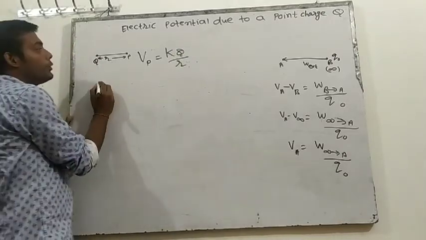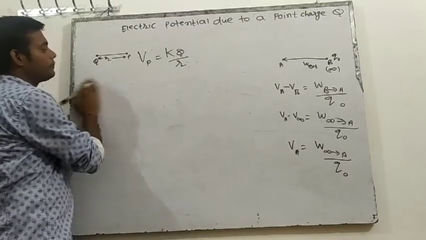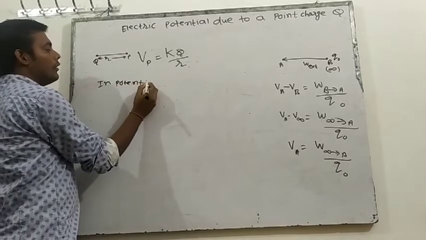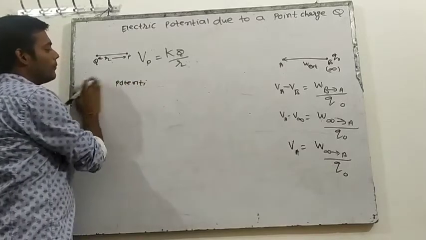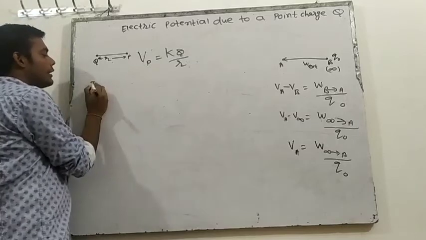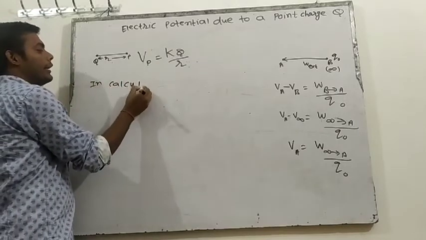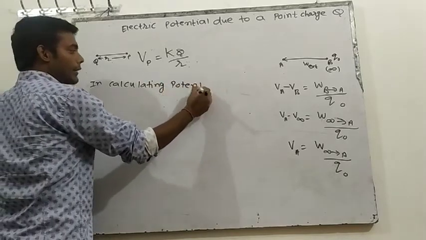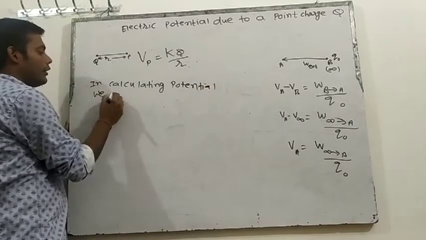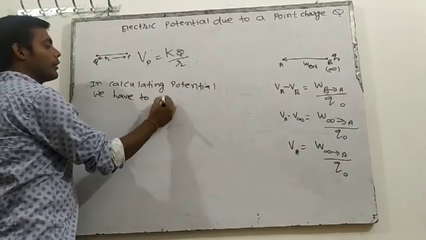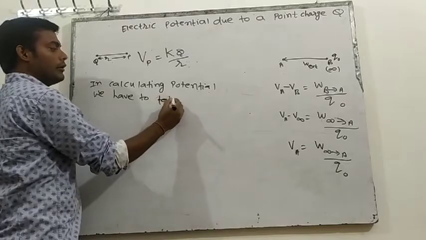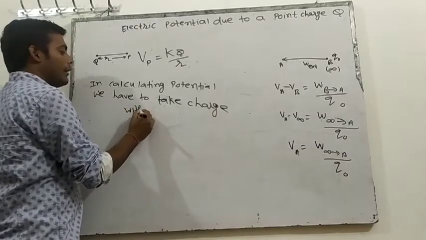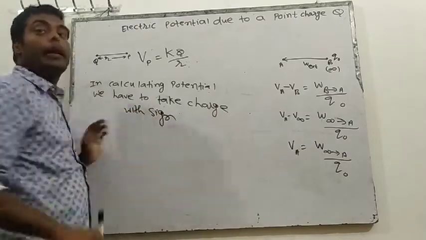In calculating potential, we have to take charge with sign, because we know charge can be positive or negative.